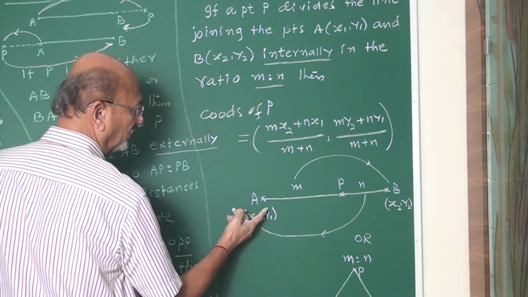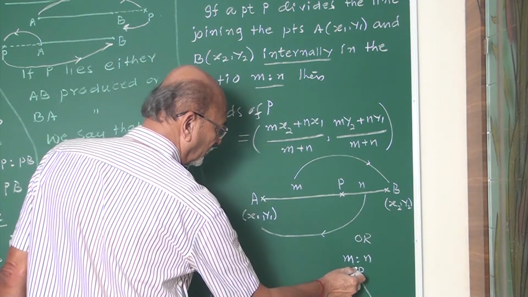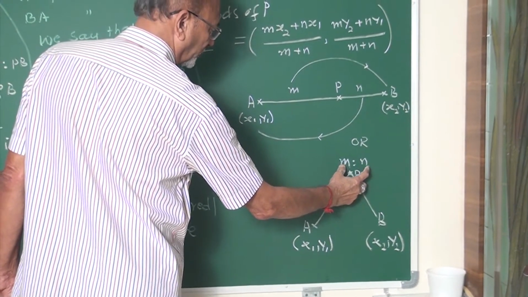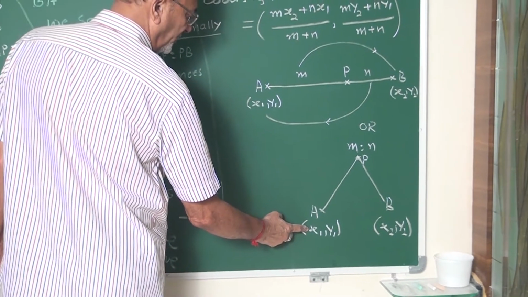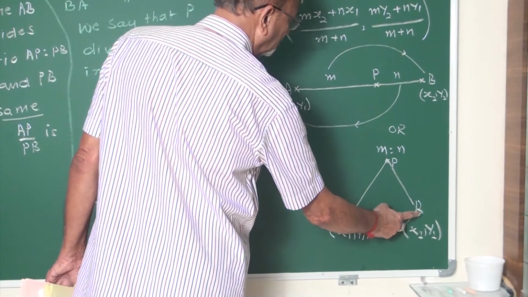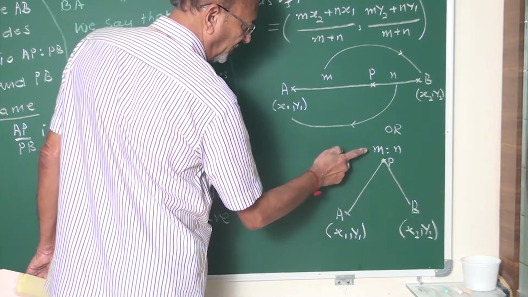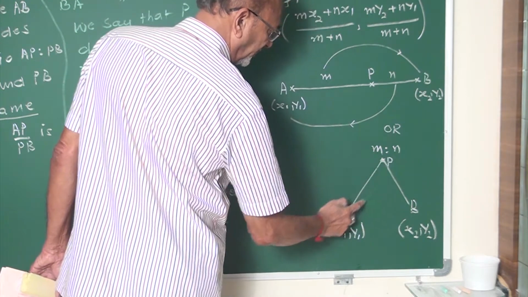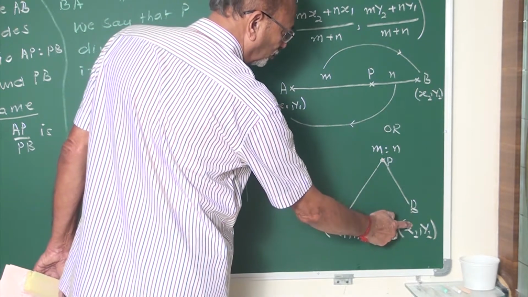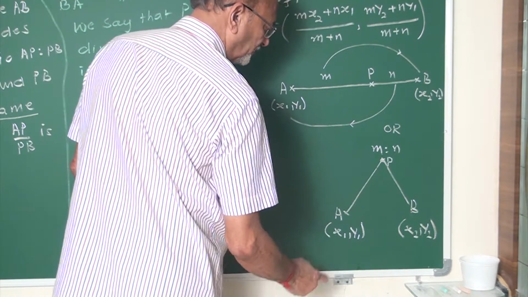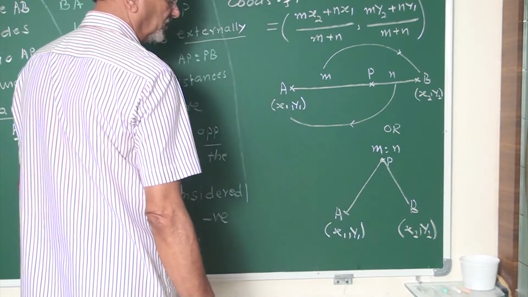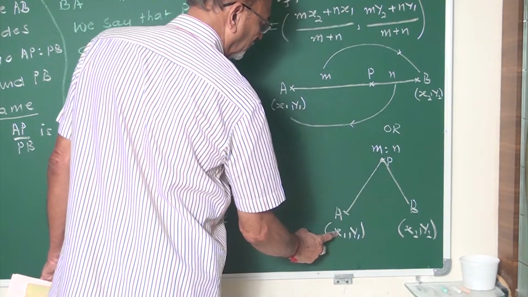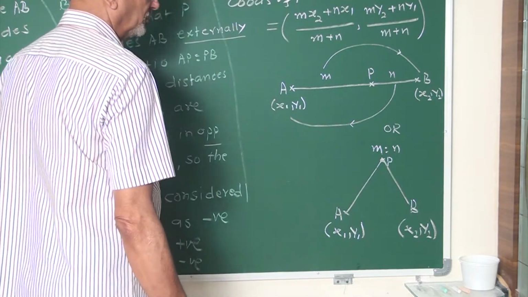You can remember it this way, or there is another way of remembering the same. P, this is the ratio m is to n. One end, another end. What are the coordinates? First mx2 plus nx1, mx2 plus nx1 upon m plus n. Then my2 plus ny1 upon m plus n.